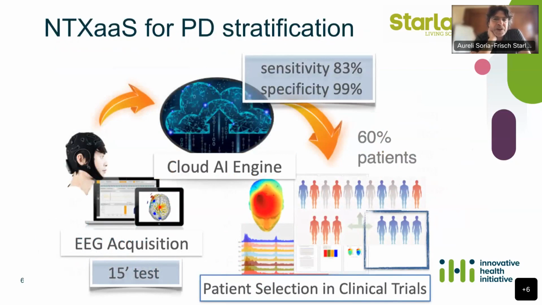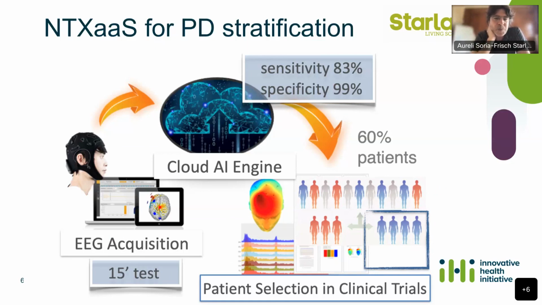I'm showing here a particular use case for neurotechnology as a service: Parkinson's disease stratification. In this disease, as you may know, patients are very heterogeneous with respect to time from disease onset, while drug interventions are expected to work better in those at an early stage of neurodegeneration.